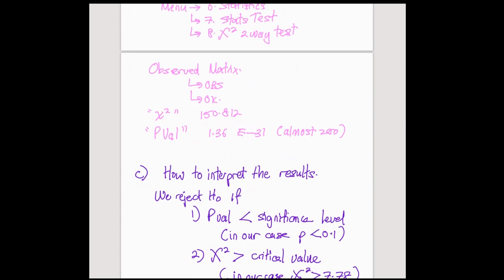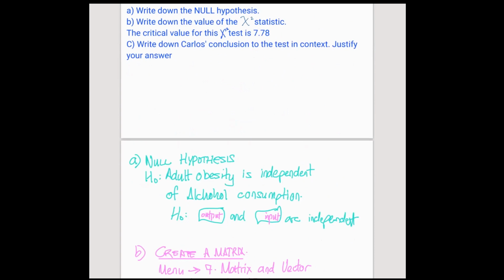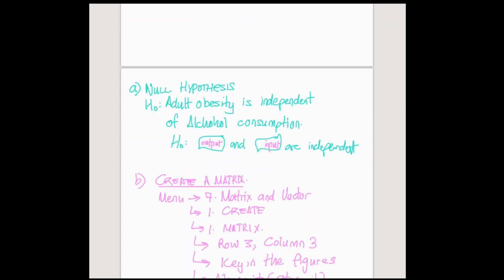The next part of the question, the critical value for this chi-square test is 7.78. Write down Carlos' conclusion to the test in context. Justify your answer.